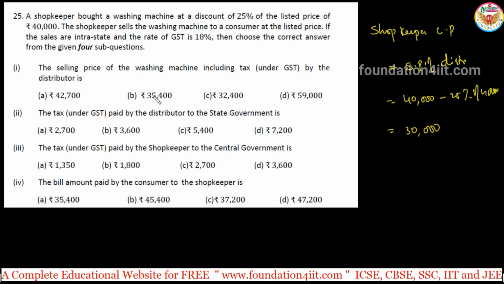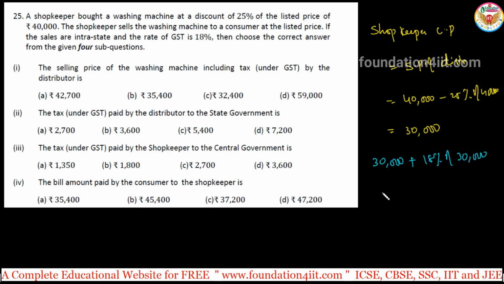From this, you now have to add the GST. So 30,000 plus GST at 18% of 30,000. If you calculate this, you get 35,400. So B, 35,400, is the selling price of the washing machine including the tax.